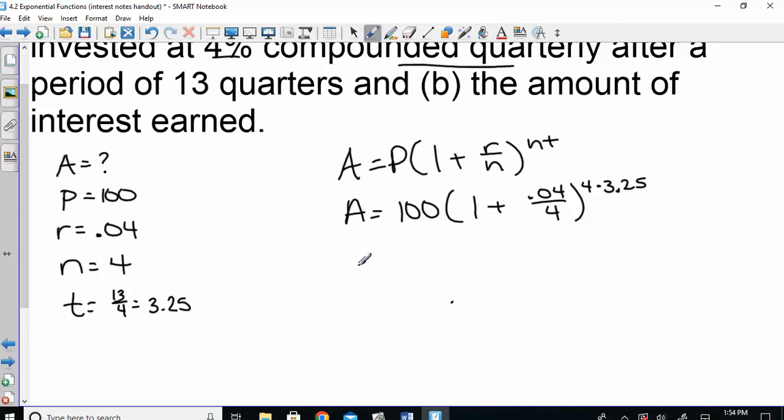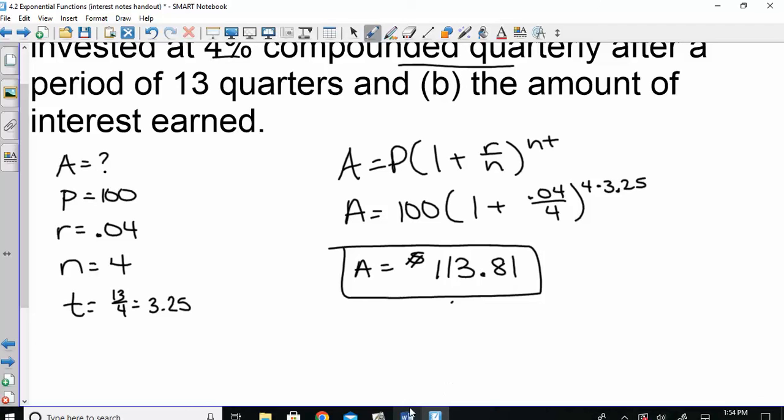Interest, we're talking about money, so please put a dollar sign and round to 2 decimal places. Your final amount should be bigger than what you started with. If I round appropriately, I get that I ended with $113.81. Did everybody get that?